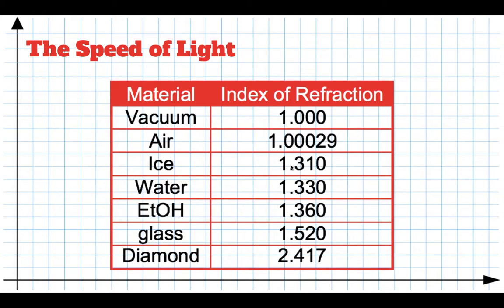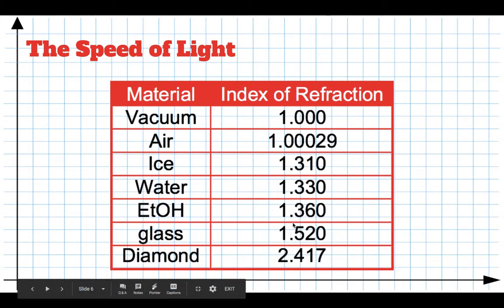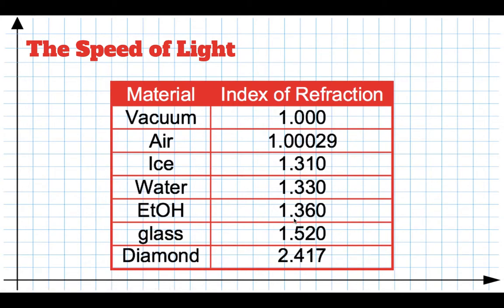When light travels in ice, it slows down a little bit. It slows down a little bit more in water. In ethyl alcohol, it slows down. Glass is about 1.5 for most common glass, and for diamond it's a whopping 2.7. What makes diamond special is the fact that light slows down so much because of the incredible density of atoms which are packed into the diamond structure.